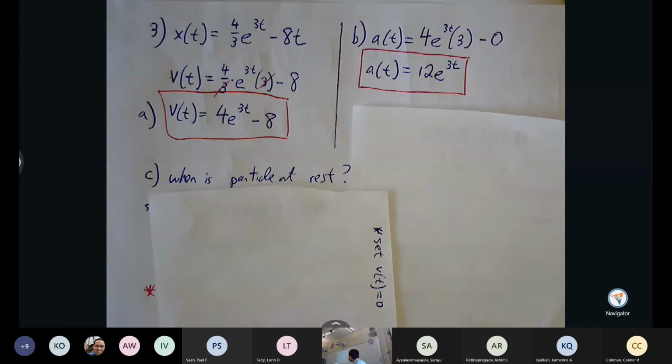All right, for part C, when is the particle at rest? How do we find that? Set velocity equal to 0. Okay, let's do that.